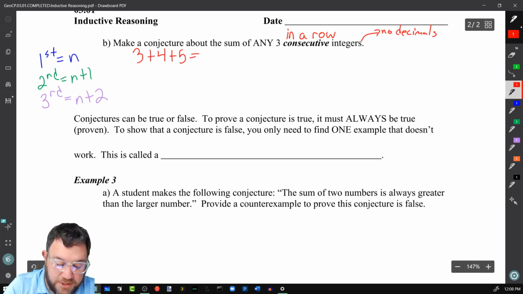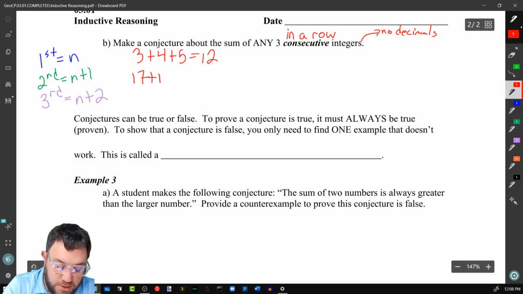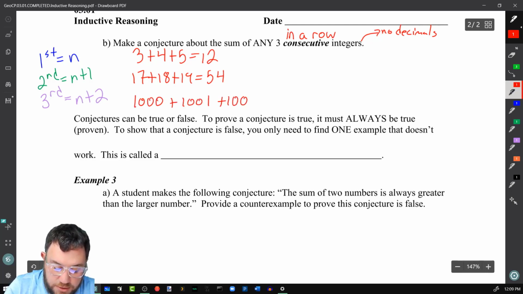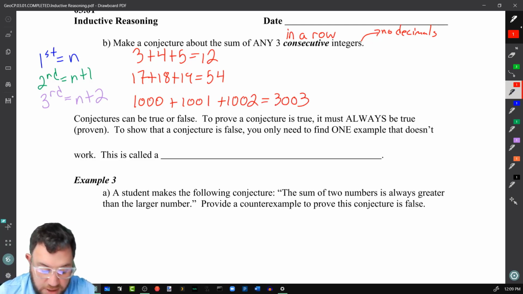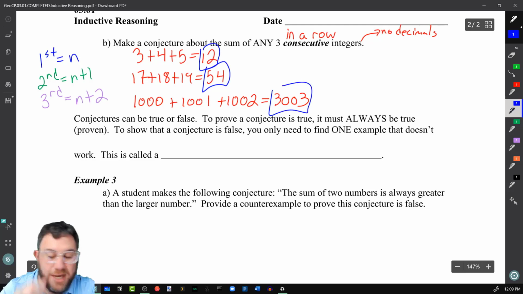So 3 plus 4 plus 5 is going to be 12. 17 plus 18 plus 19, that'll give us 54. 1,000 plus 1,001 plus 1,002 will give us 3,003. So there's a couple examples, and all of those fit our description. We're adding 3 consecutive integers. And let's look at what our results are each time. What do you notice about each of these?